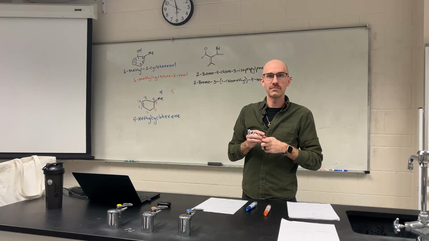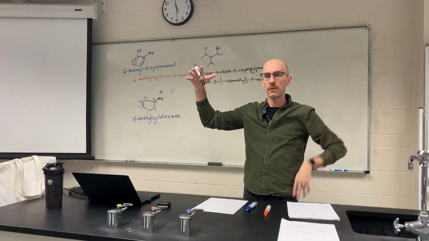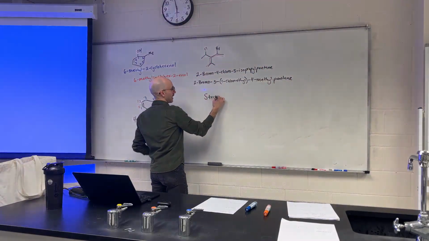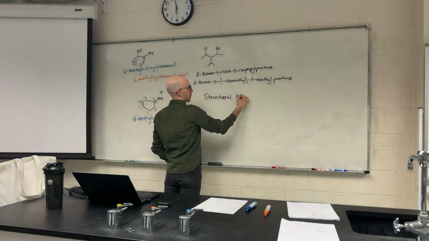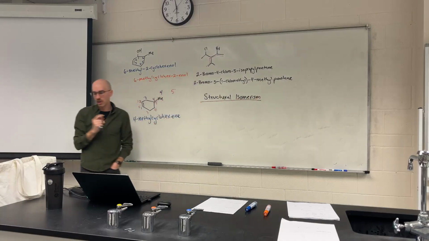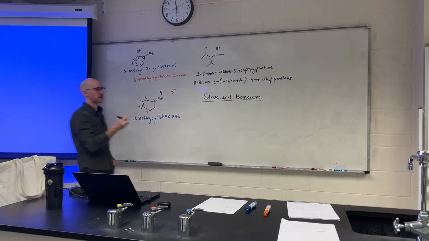Nomenclature was all under this umbrella of regiochemistry. We talked about how we can tell the position of groups by using nomenclature. This all helps us tell apart things that are structural isomers.